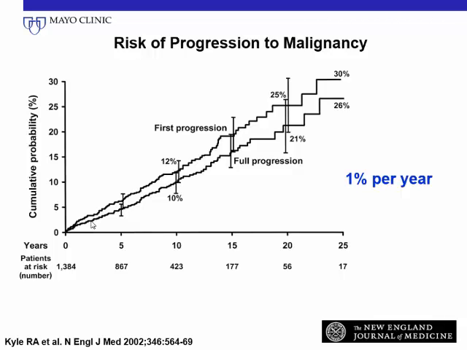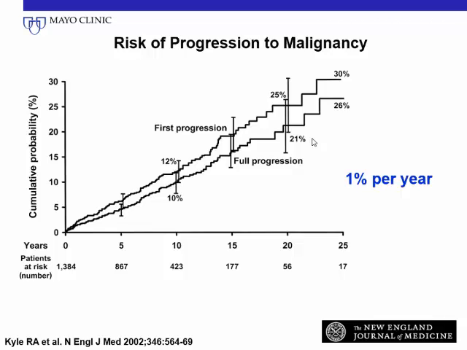Every year a mistake happens by chance, and then you get the event. If that's the case, this is how the curve looks, where there's a fixed risk. If you've had MGUS for 5 years, then the next year you have a 1% risk. If you've had MGUS for 20 years, the next year you still have only 1% risk. It's not like you have a higher risk because now you've had so many years of MGUS.